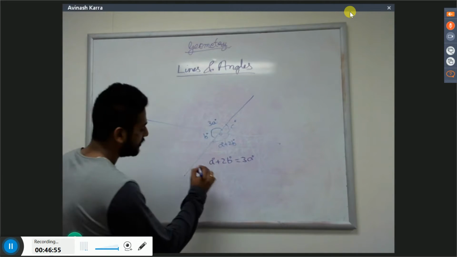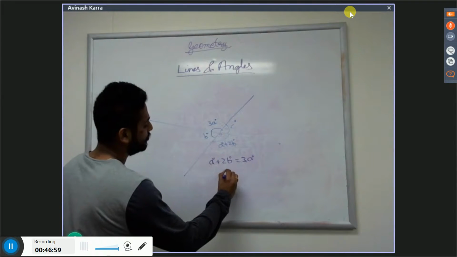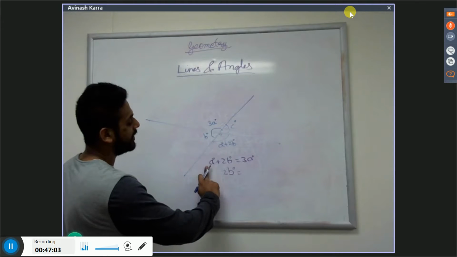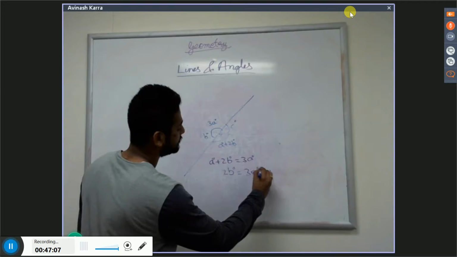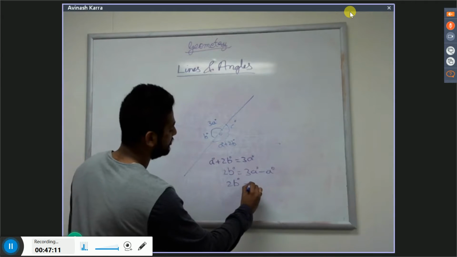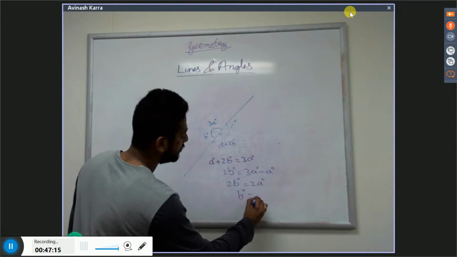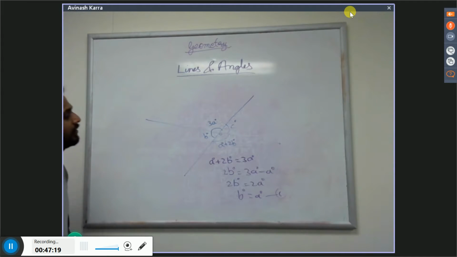Yes. So when I simplify this, what do I get? 2B degrees is equal to, when I take A from LHS to RHS, 3A minus A, which is 2A. So 2B degrees is equal to 2A. So B is equal to A. Let us take it as equation 1.